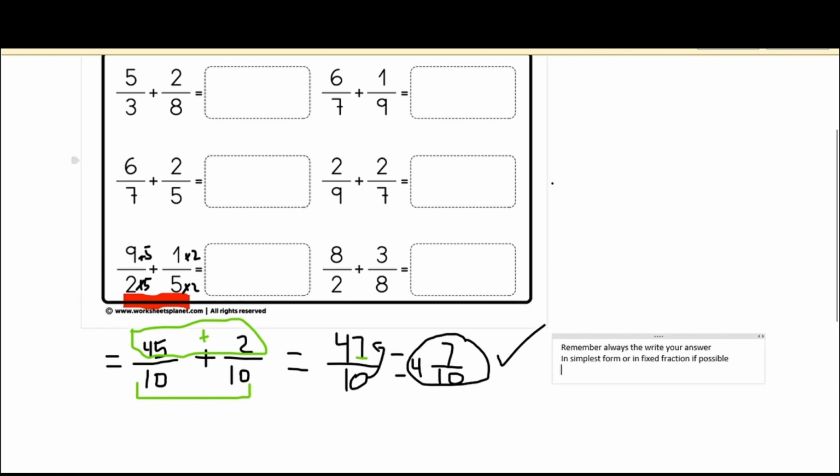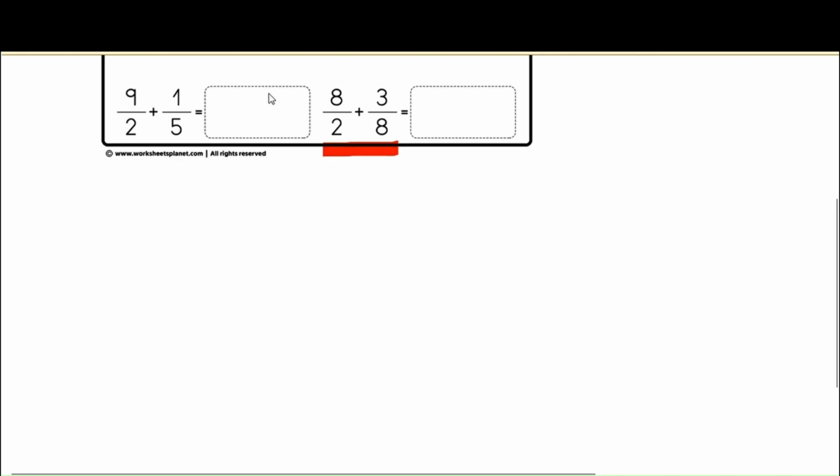Always remember that, learners, to write your answers in simplest form or in mixed fraction, if possible. Sorry, I made a mistake there.